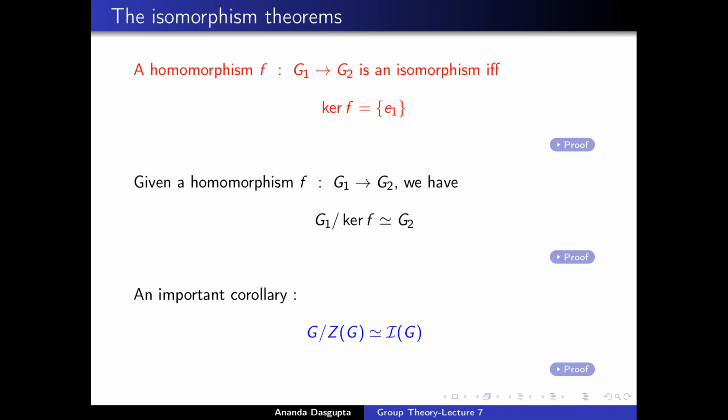What the quotienting operation via ker F does is that it actually collects together all those elements in G1 which were mapping onto the same element in G2 and identifies them all together as a single element. So basically, this identification of multiple elements and wrapping them all into one is exactly what the quotienting operation is doing here, and that is why it ends up giving you an isomorphism.